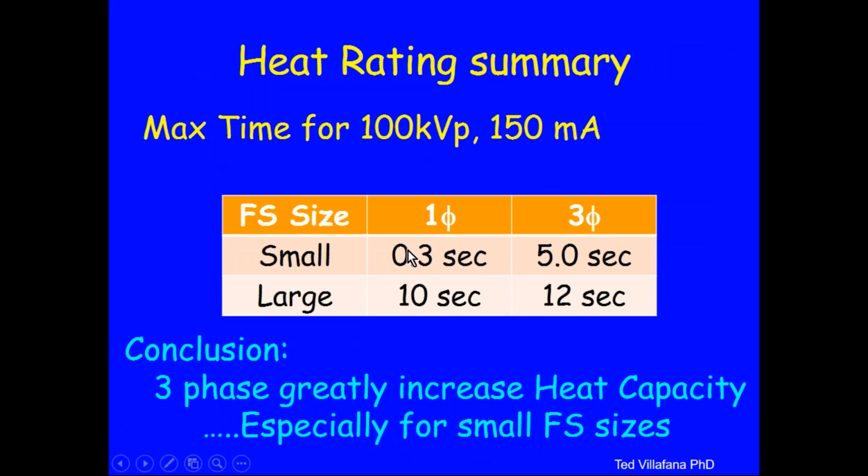Here's a summary. The prior case was 0.3 seconds, but with three phase on that same small focal spot tube, 5 seconds. That's a huge difference. That'll allow a relatively thick patient to be exposed with a relatively small focal spot and enjoy better heat capacity. Well, let's wrap it up at that point.